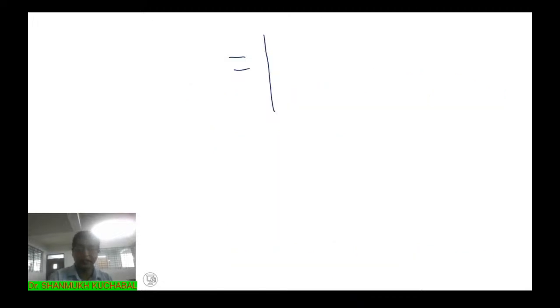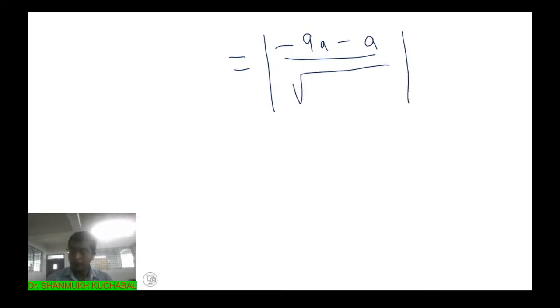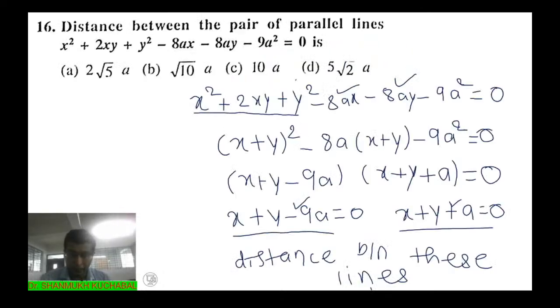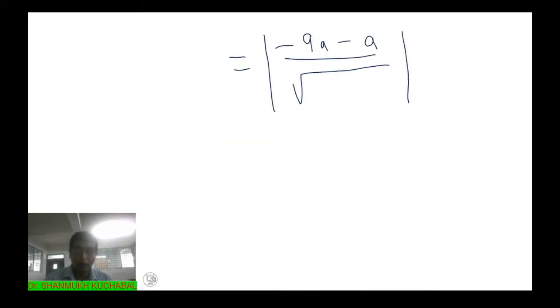You have to subtract it. So minus 9a minus into plus minus a divided by the square root of, you can take any equation, x coefficient is 1, y coefficient is 1, it is root of 1 plus 1. So we get, if you remove modulus, a negative quantity we have to take as a positive one.